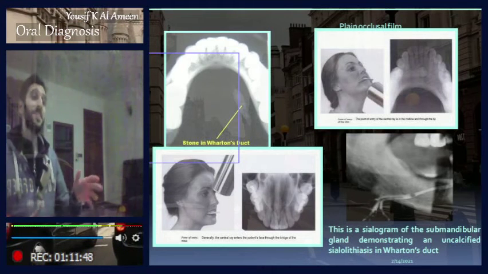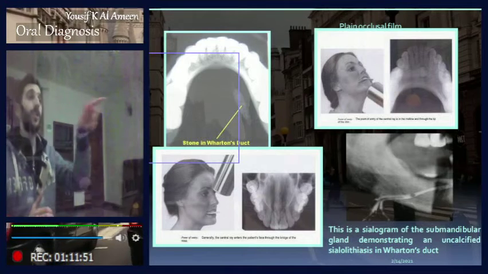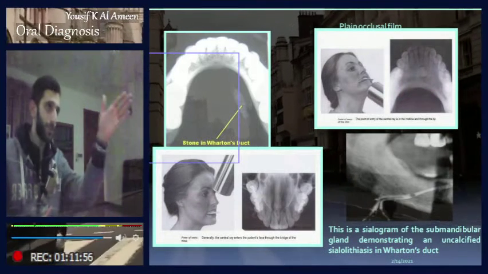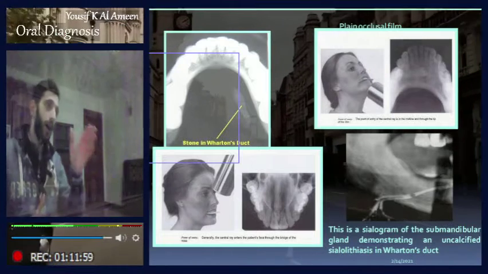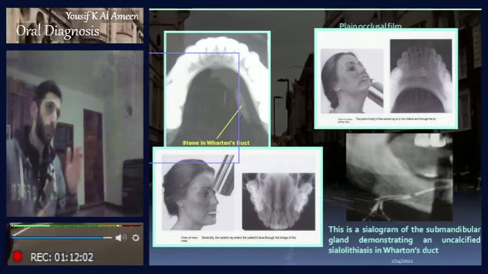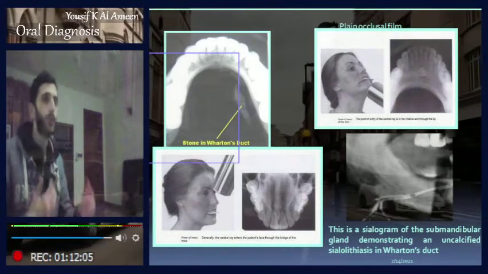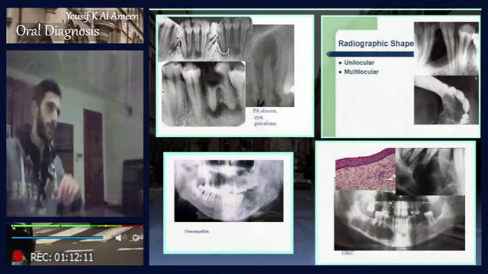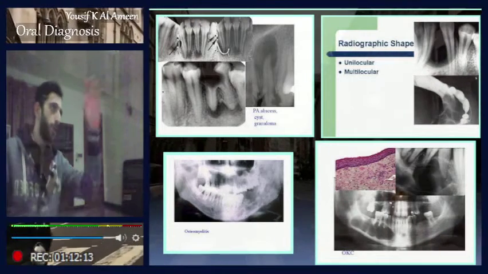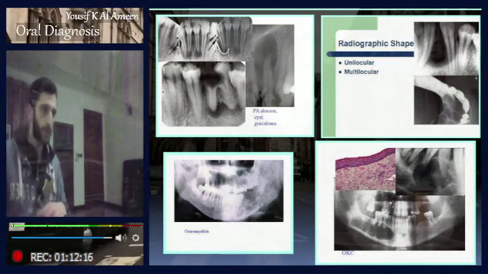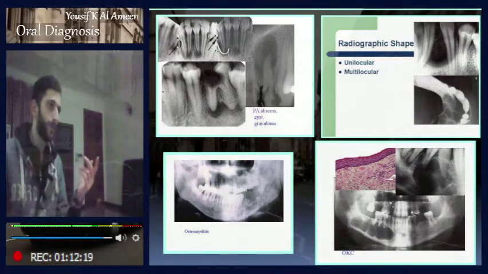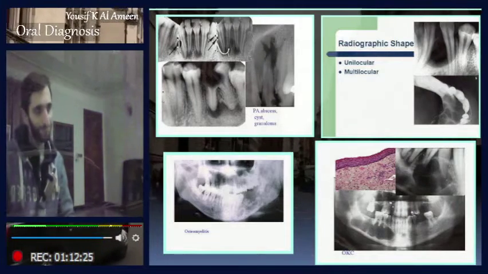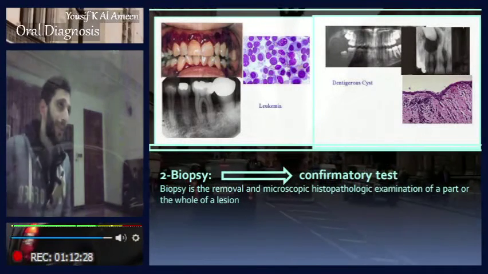Here we have some pictures showing us some things about the Stensen's duct. In this picture, the periapical abscess, cyst, granuloma, periapical abscess, unilocular, multilocular, radiolucent shape, osteomyelitis, and odontogenic keratocysts, etc. Here we have leukemia.